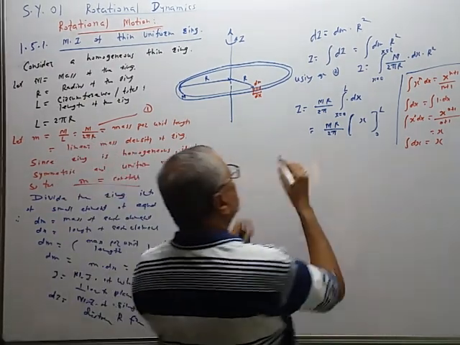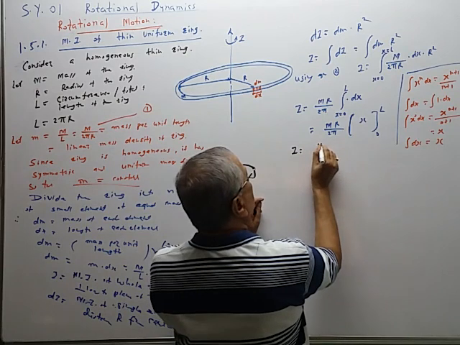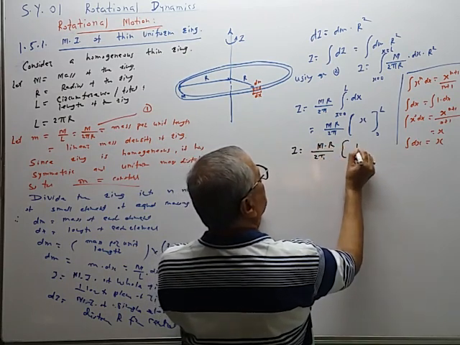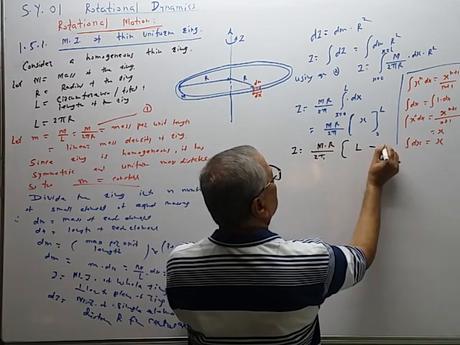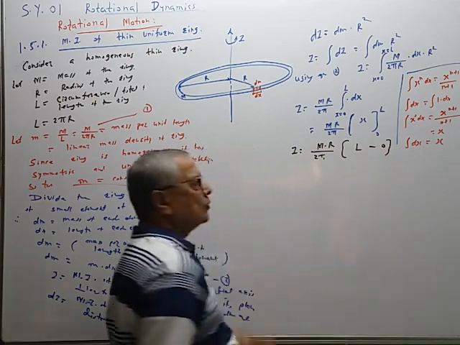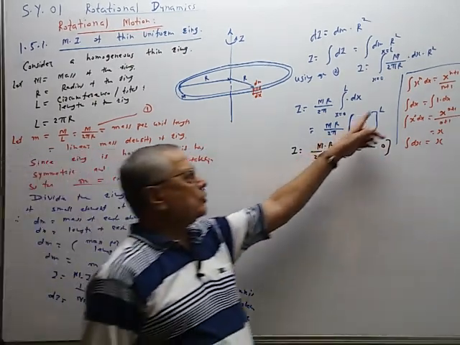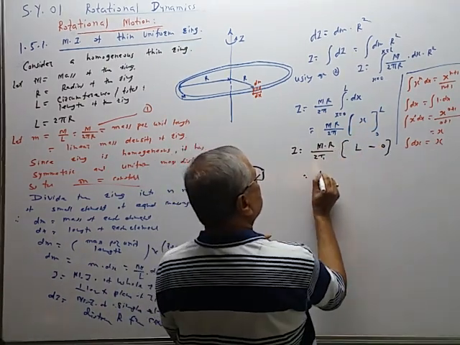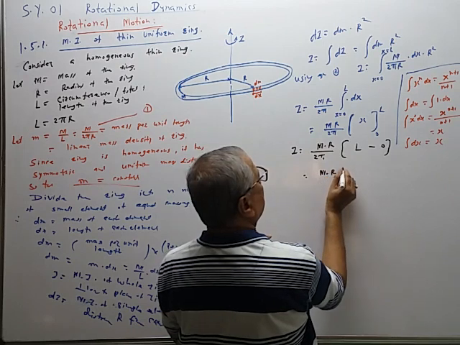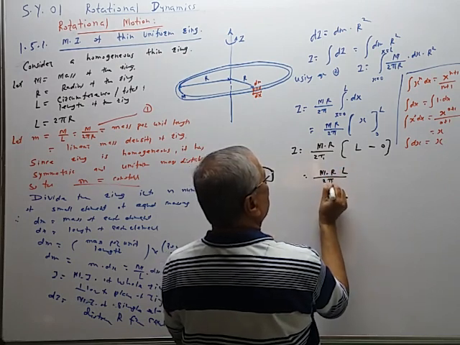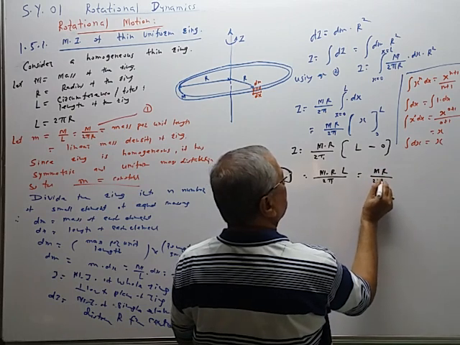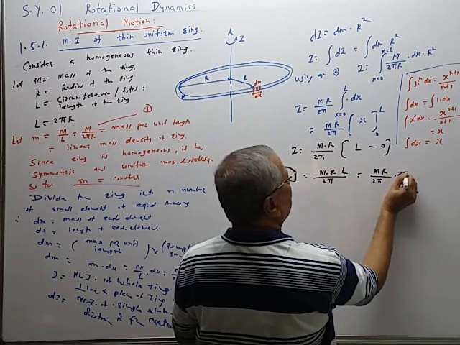m into r upon 2 pi, upper limit L, lower limit is 0. Substitute variable is equal to upper limit, substitute variable is equal to lower limit, and subtract. So this is equal to m into r into L upon 2 pi, is equal to m into r upon 2 pi, and length is equal to 2 pi r.